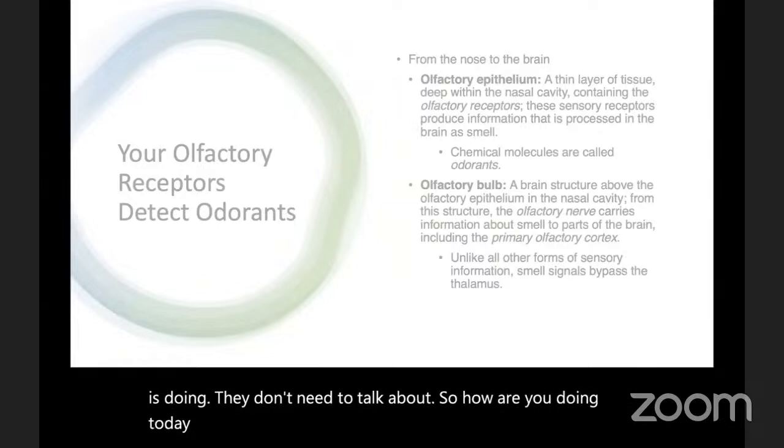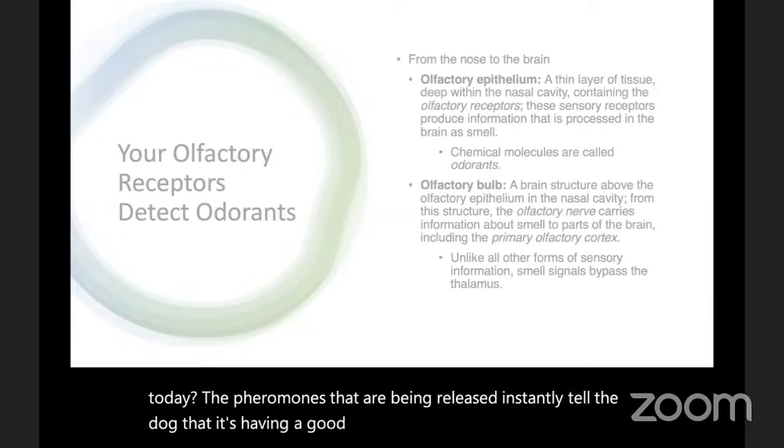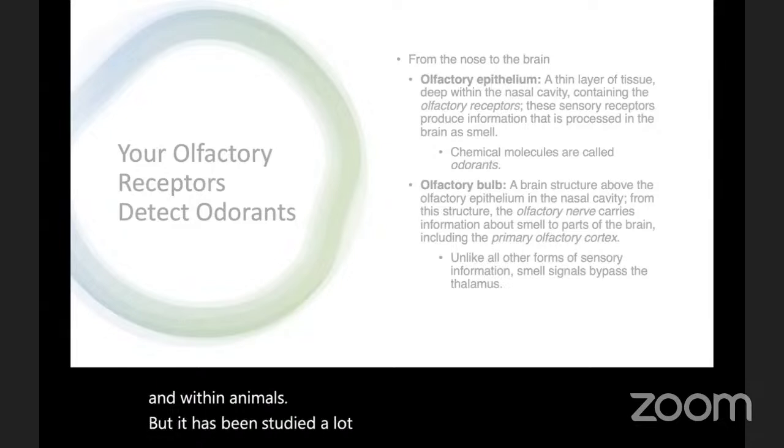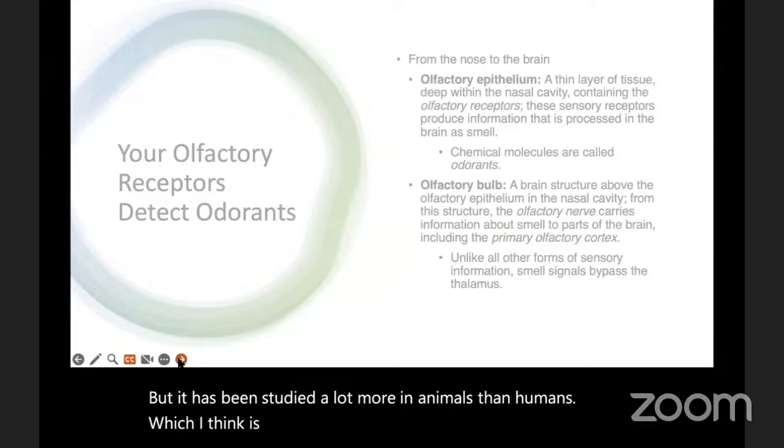The pheromones being released instantly tell the dog that it's having a good day, it's happy or sad. So smell has unique capabilities, both in humans and in animals, but it has been studied a lot more in animals than in humans, which I think is kind of interesting.